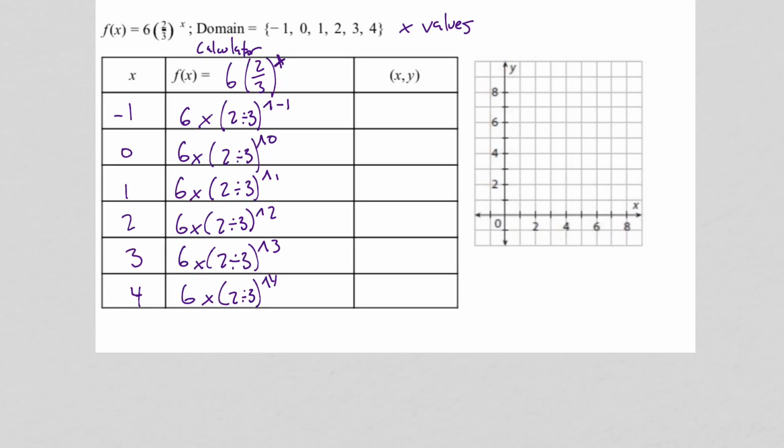So when you do that, that gives you numerical answers for all these, and you get something like 9, 6, 4, 2.6 repeating, 2 2/3. 1.7 repeating decimal, and approximately.